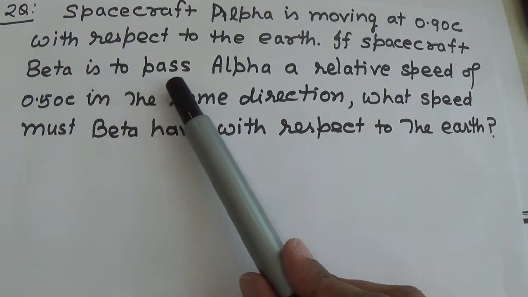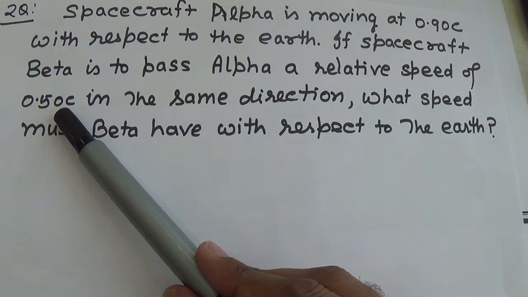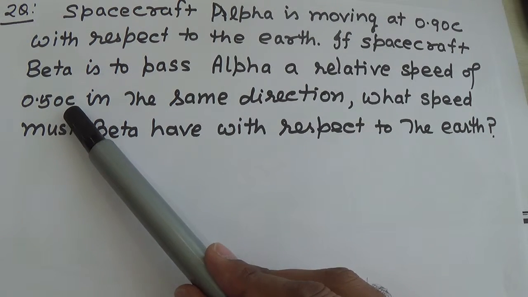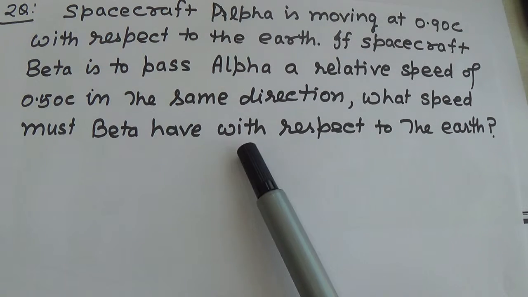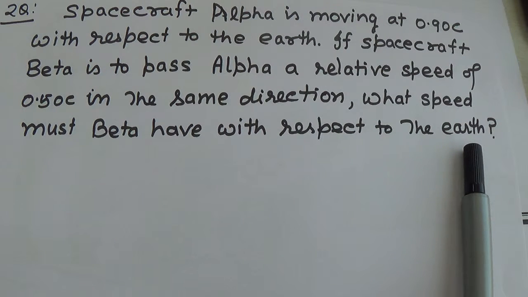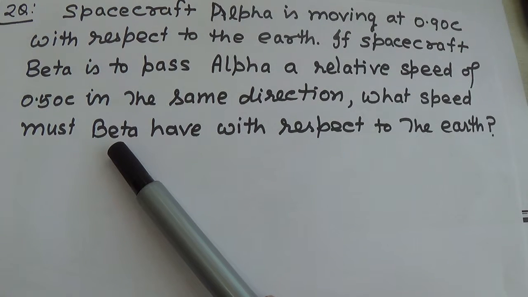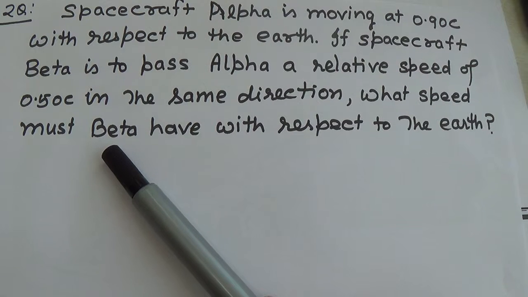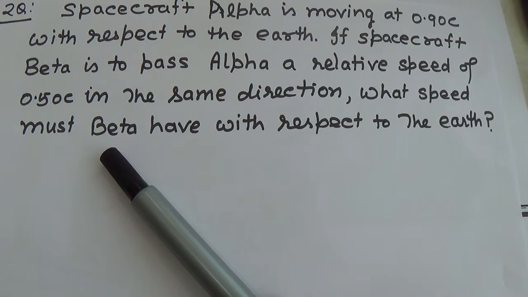Beta passes alpha at a relative speed of 0.50 c, so this is ux prime. In the same direction, what speed must beta have with respect to the earth? So you have to find out the speed of the ball, that is, spacecraft beta, with respect to the earth. It means you have to find out ux again.